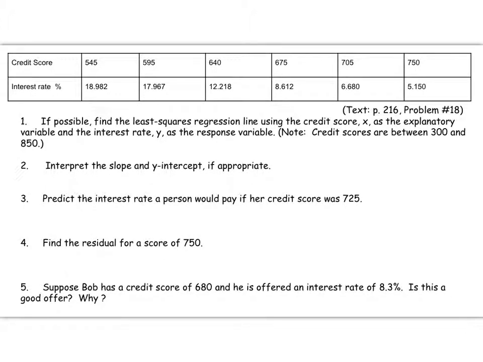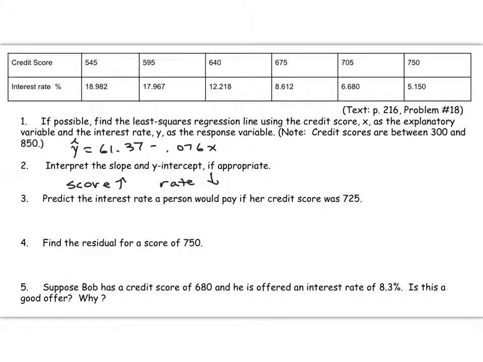Okay, so our least squares regression line was y equals 61.37 minus 0.076x. So as our credit score goes up, our interest rate goes down. So score goes up, rate goes down.